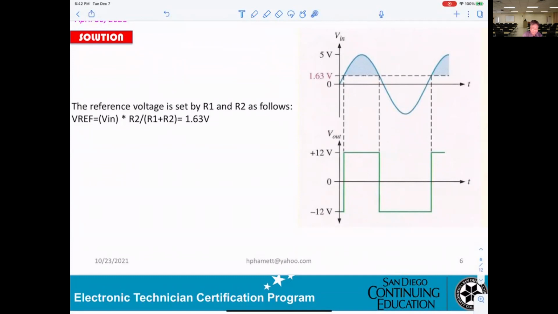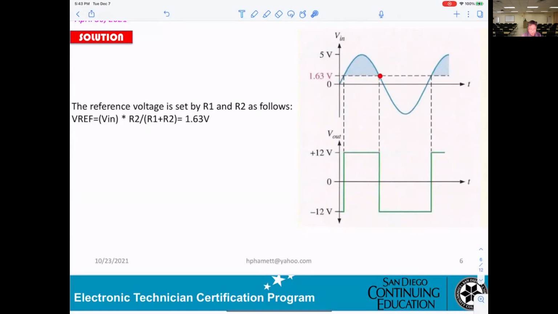They're telling you this right here, 0 to 1.63 volts. That means it is less than the reference 1.63, so the output will be in negative saturation. From this point to this point, it is higher than the reference 1.63, so the output goes into positive saturation.